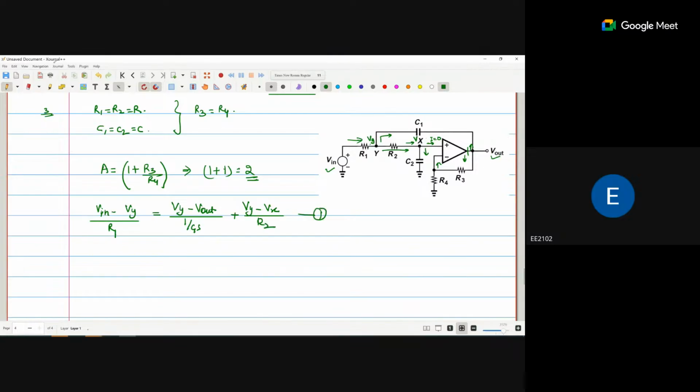This is my one equation. Second equation is Vy minus Vx divided by R2 is equal to Vx divided by 1 by C2s.